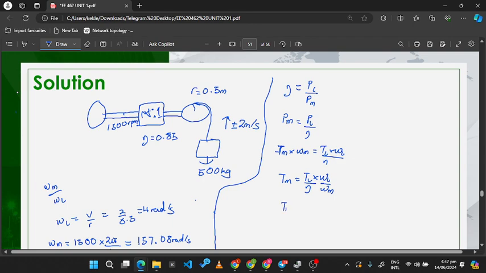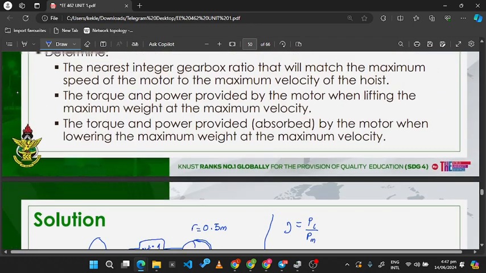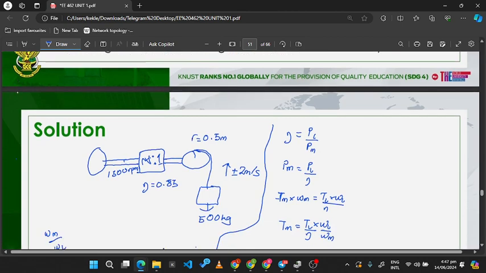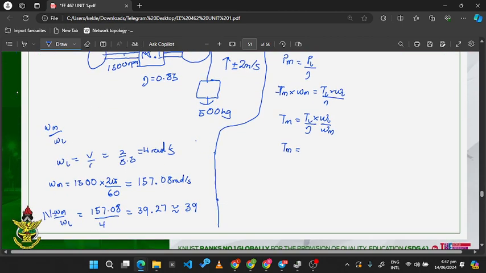When lifting at maximum velocity, our load torque is given by the mass, 500, multiplied by 9.81, which gives us the force.